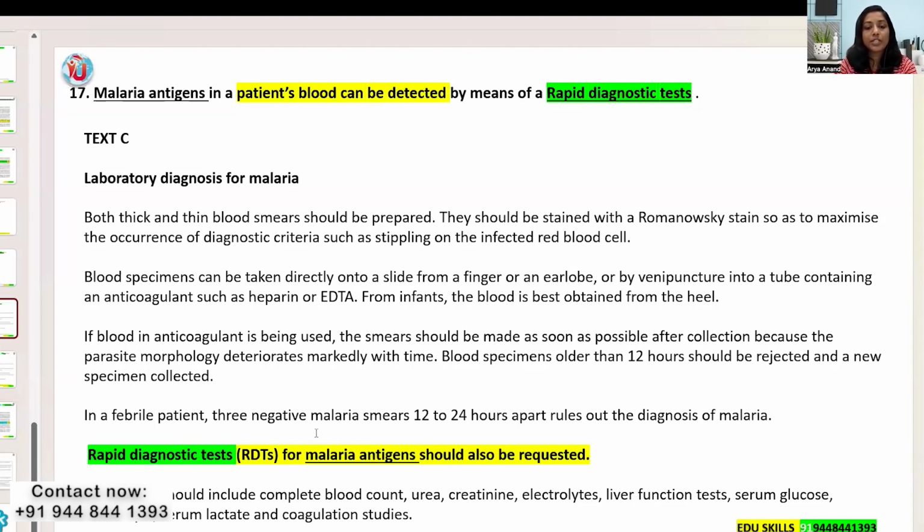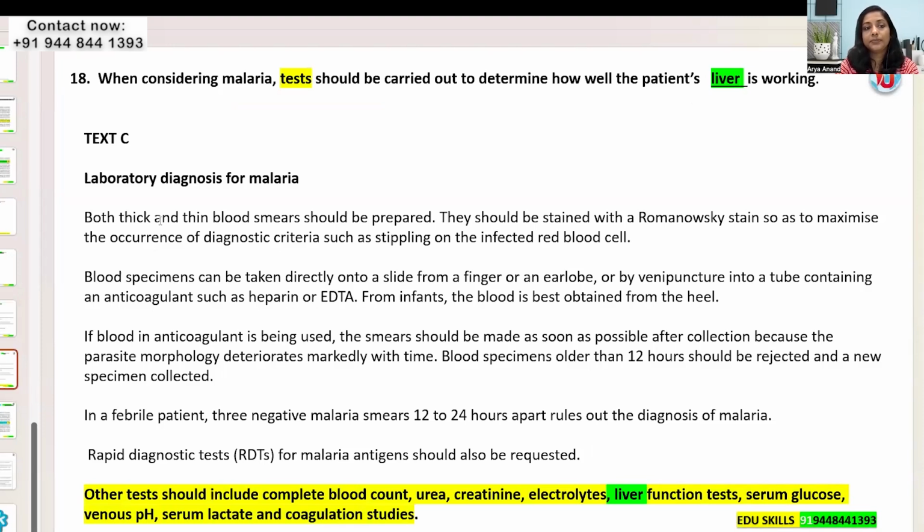Then for a febrile patient, what you need to do: malaria antigen should also be requested. So the same word is here. So by means of a what test? It's rapid diagnostic tests. Yes, the S must be there. If you're not writing this S, then your answer will be wrong. So please be careful when you write.